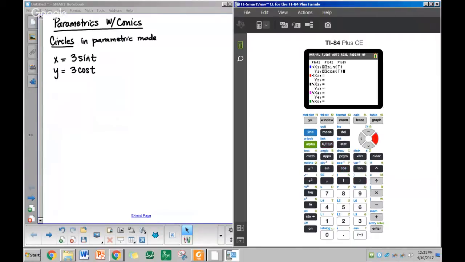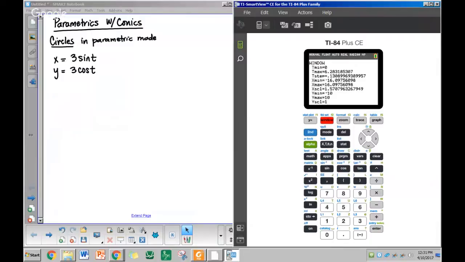All right, now all the way around is how many degrees, or in radians is how many? 2 pi. So let's go to our window and go from 0 to 2 pi. You type in 0 and then 2 pi, and you should get 6.28 something. Is that what you get? Yep.